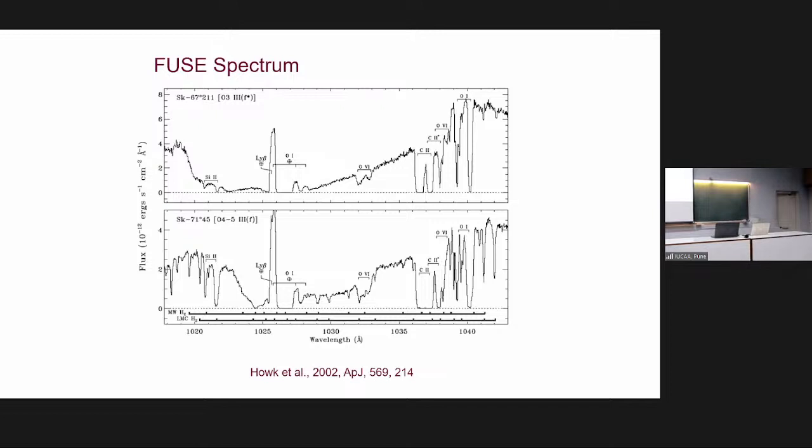You can see two peaks for O6. Why do we get two peaks? Any idea? The source is in the Large Magellanic Cloud, so the absorbing material will be there. Yes. We have absorbing material present in the Milky Way, and we also have absorbing material present in the Large Magellanic Cloud.